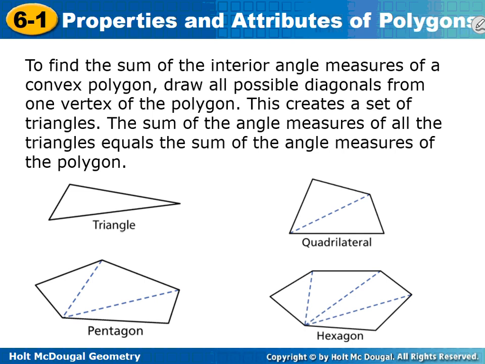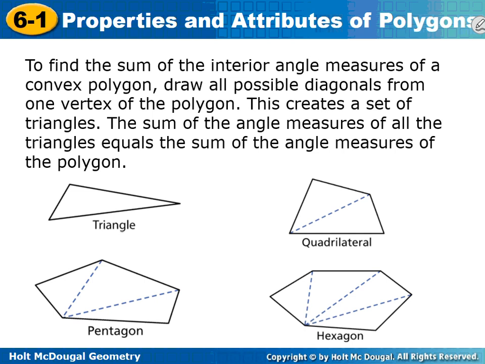Let's try one more. I'm going to make one that's not regular. Just making up some numbers here, it needs to be 540. Actually, I'll make it 100, 100, 100, and 140. This is not drawn to scale. Is that 540? Okay, so here are my angles.